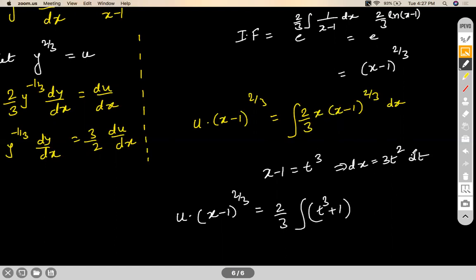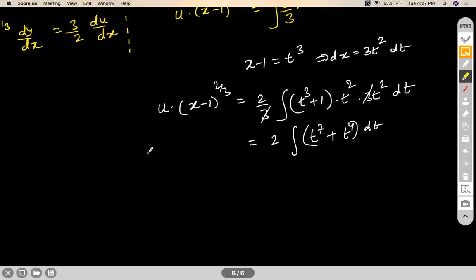My bad. Okay. This would become t cube to the power of 2 by 3, which is t square. dx would become 3t square dt. Yeah. So this 3 and this 3 will go off. So 2 times t to the power 7 and t to the power 4 integral.